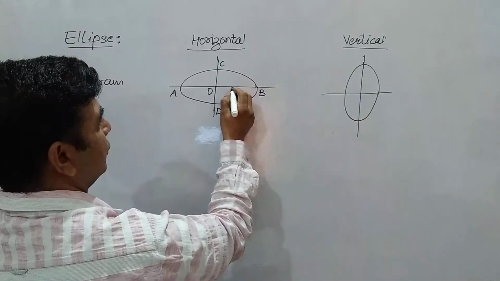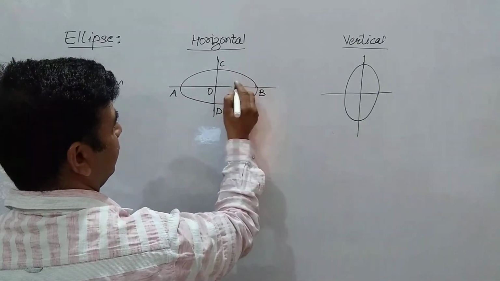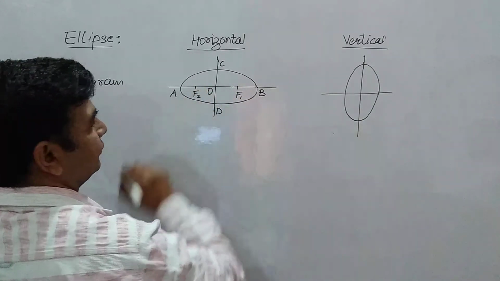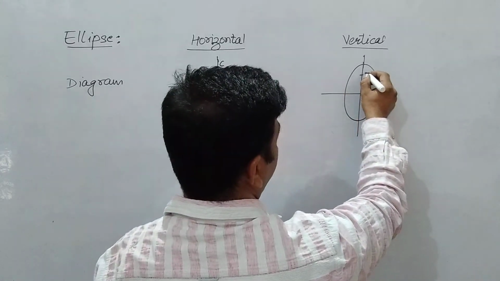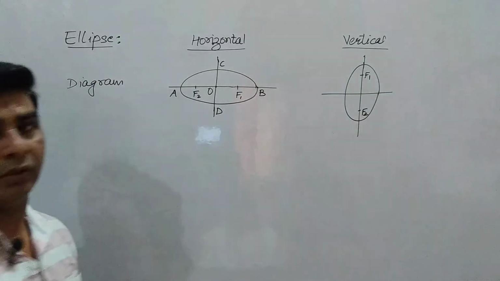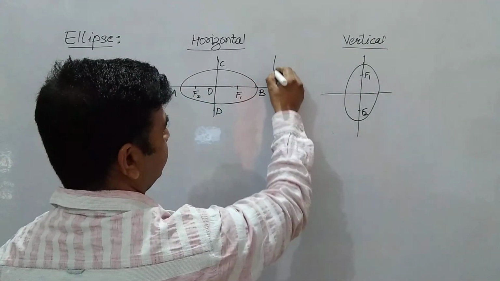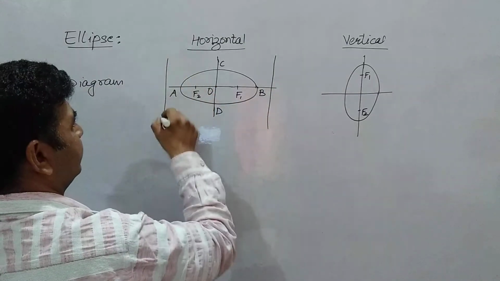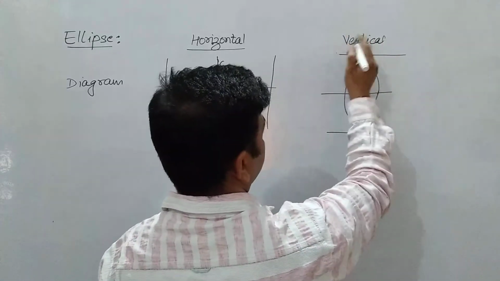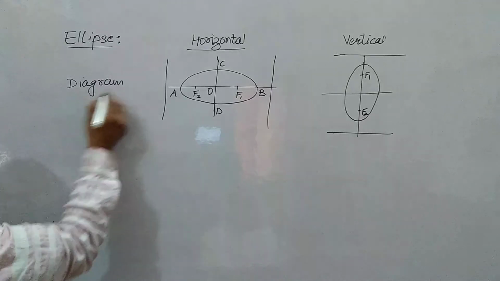The foci are, this is your F1 and this is your F2. So these are the two fixed points, foci, and these are the directrices. Like this. Now this is about the diagram.